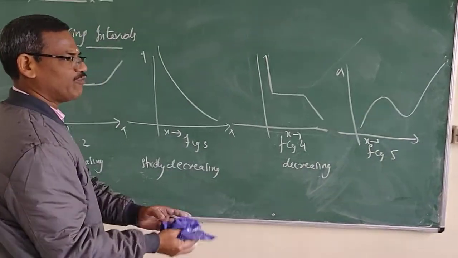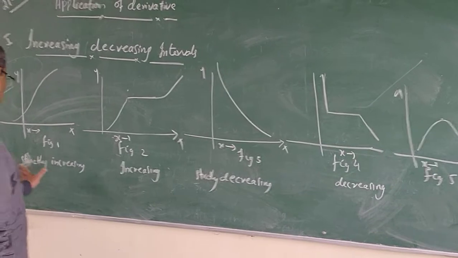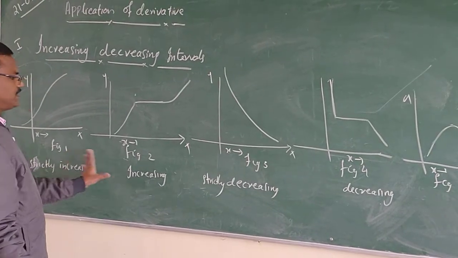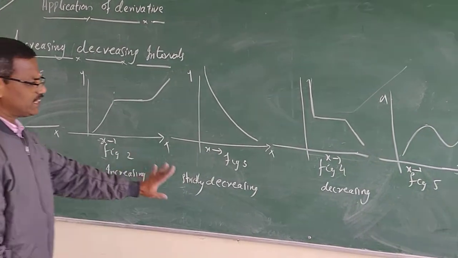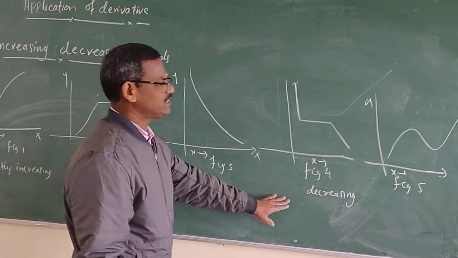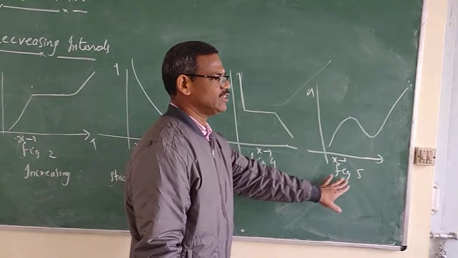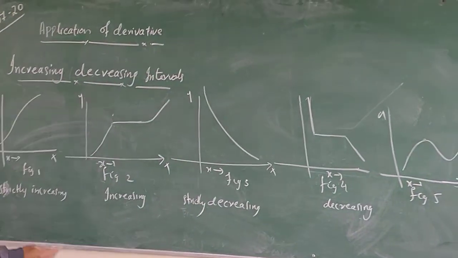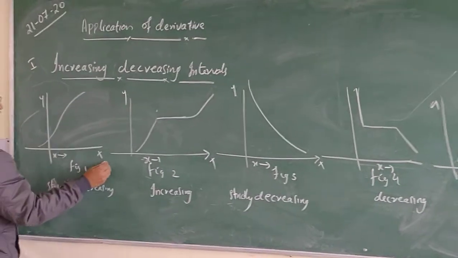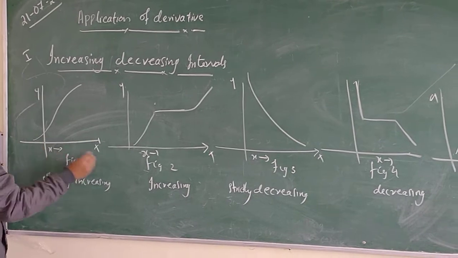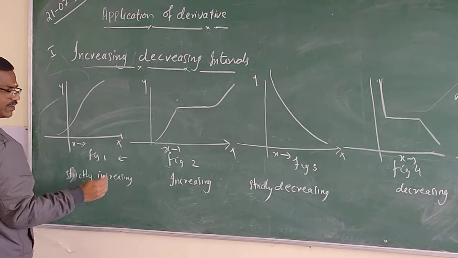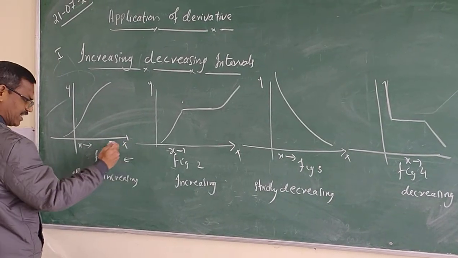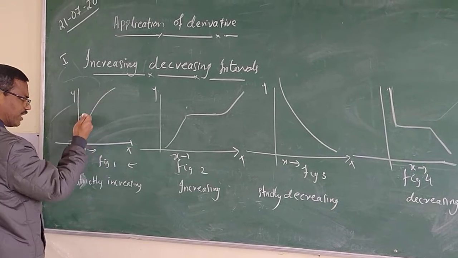So we have five types: increasing, strictly increasing, decreasing, strictly decreasing, neither increasing nor decreasing. Now my question is, if I move from here to this side, when x decreases, what happens to the y value?